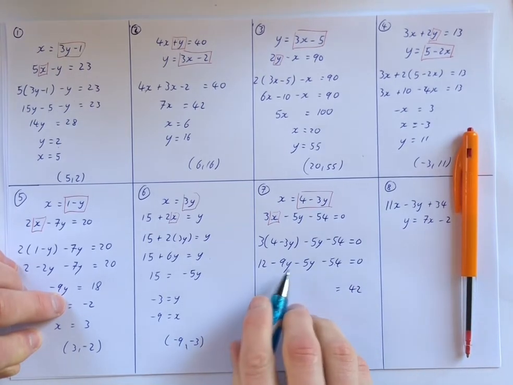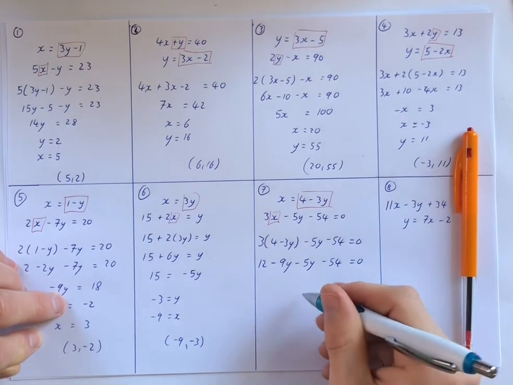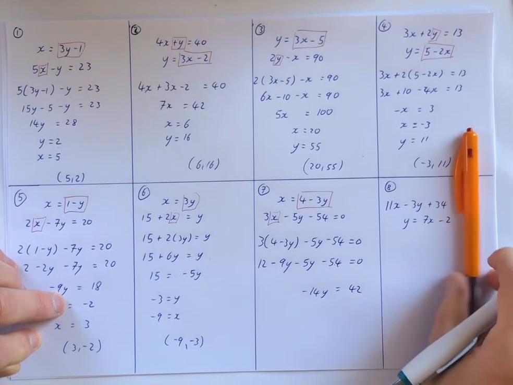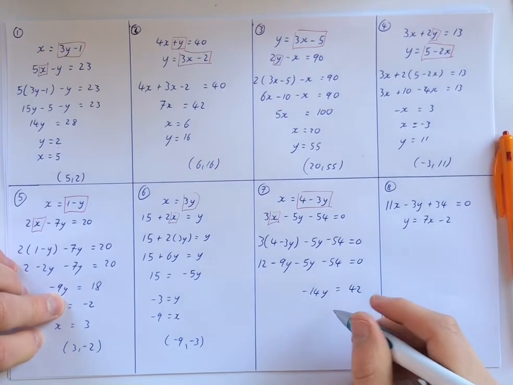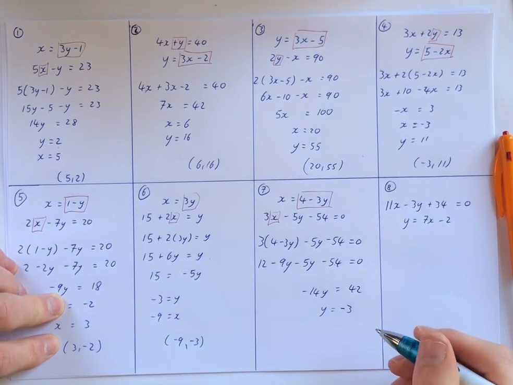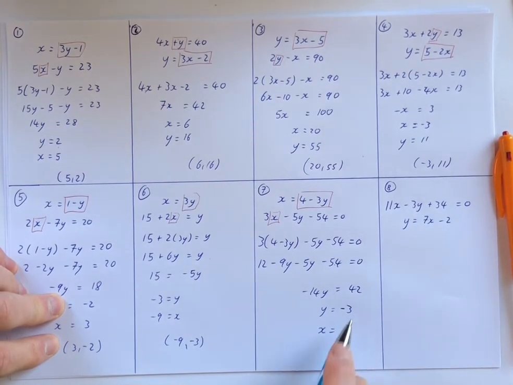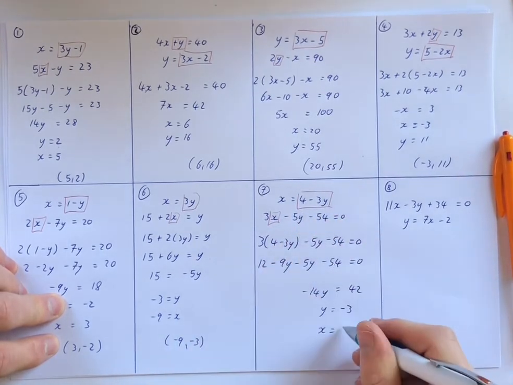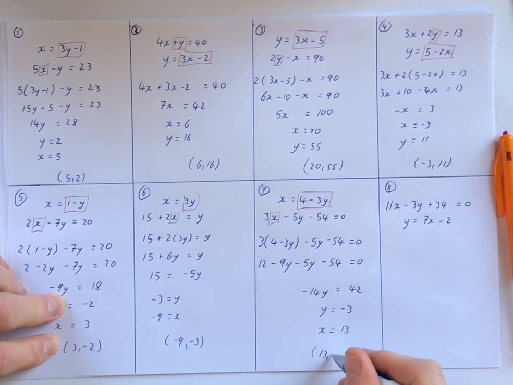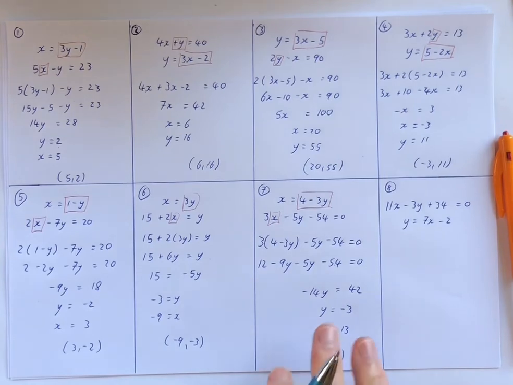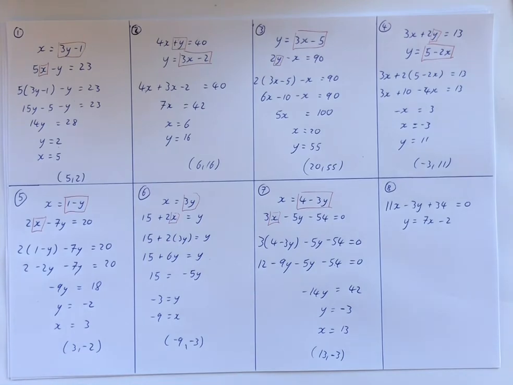And on this side, we've got negative 9 and negative 5, so negative 14y. Dividing by 14, we're going to get negative 3, I believe. Which means x is going to have to be 4 take away negative 9, or 4 plus 9, 13. Or I think there might be an error in that one. It could be a chocolate fish in this one here. That was quite tricky.